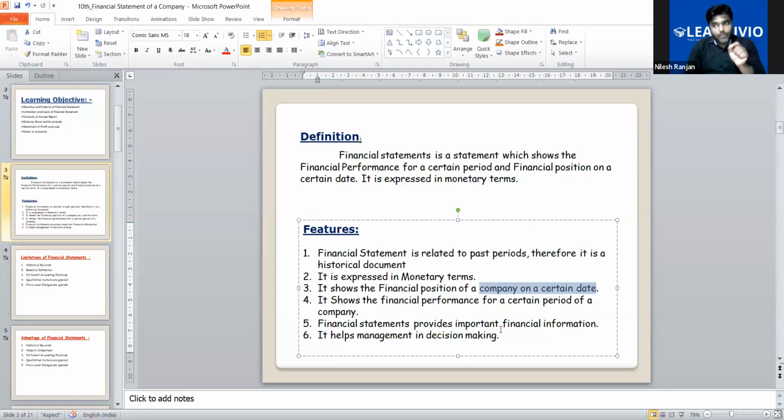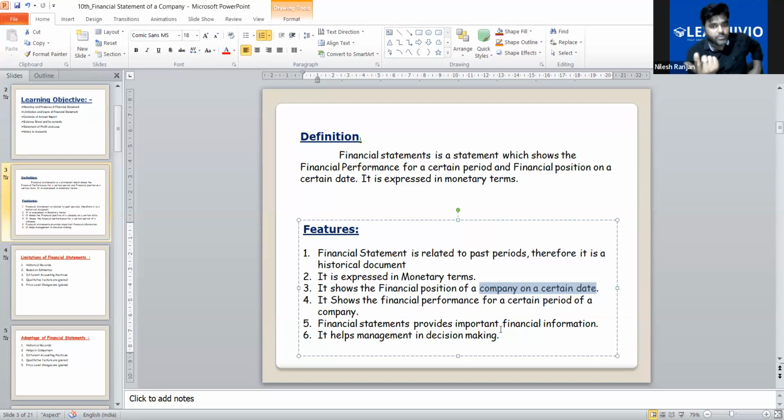In the same manner in business also, we have to take different types of decisions, like that employee is good, we have to do business like this. For that, we need important financial information, and that information we will get from the financial statement.